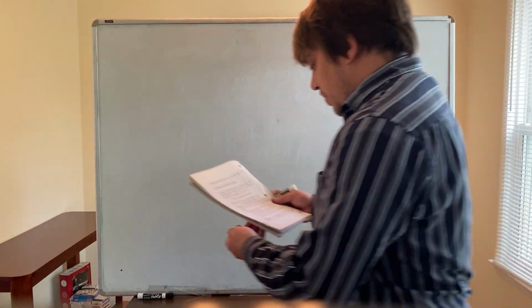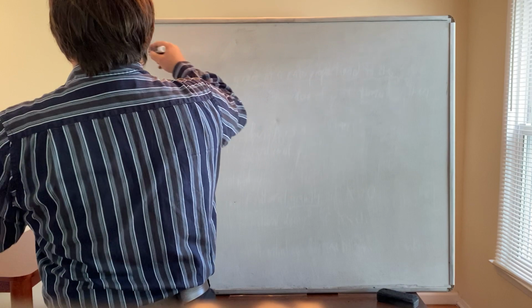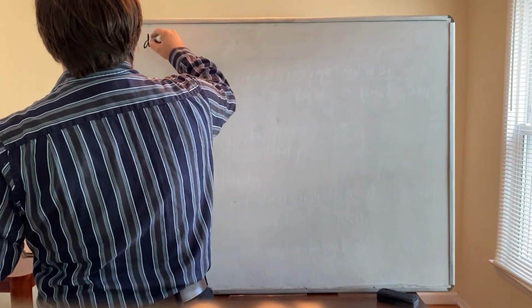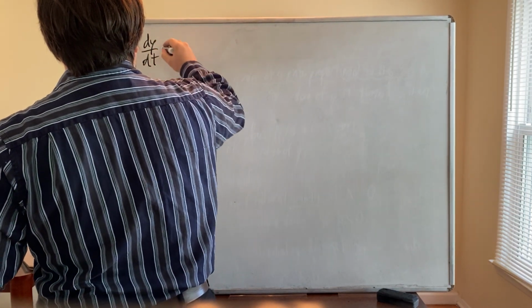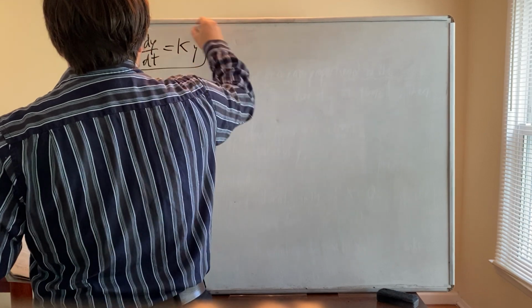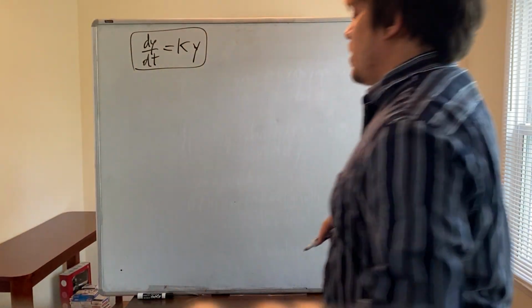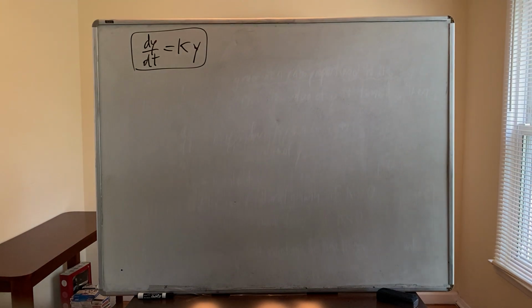Okay, so we have our equation, which is dy dt is equal to ky, right? That's our original equation, right? That says the growth rate is proportional to the size of y, right?